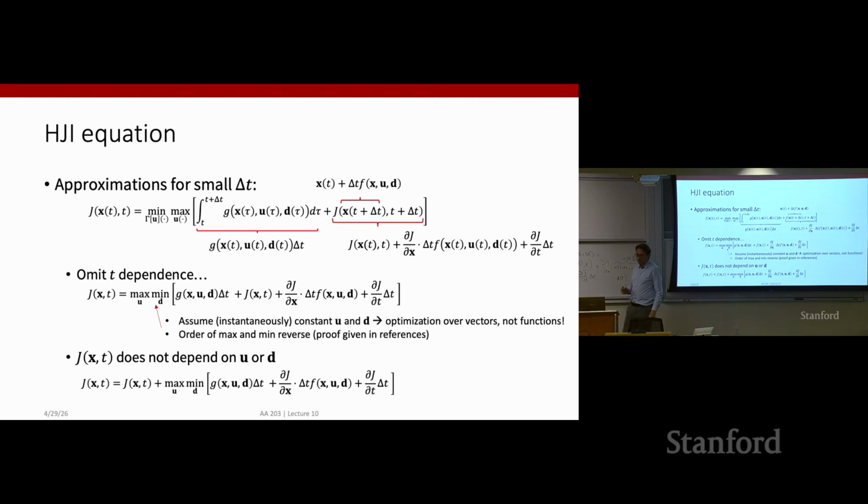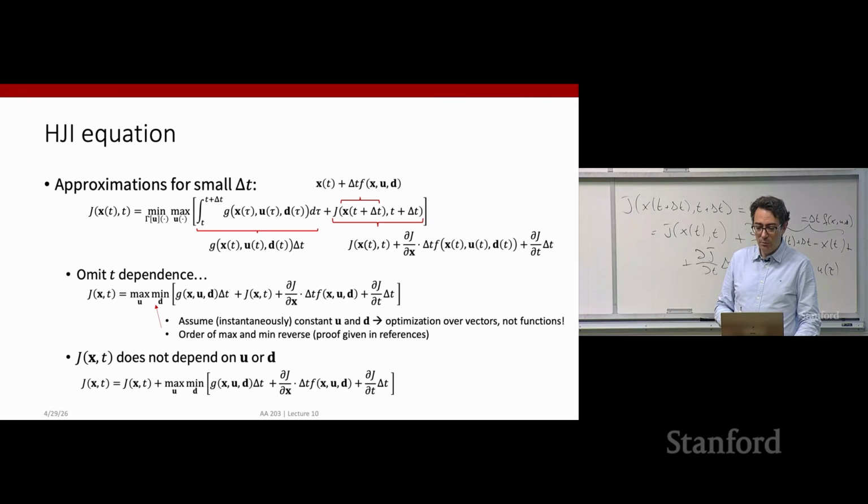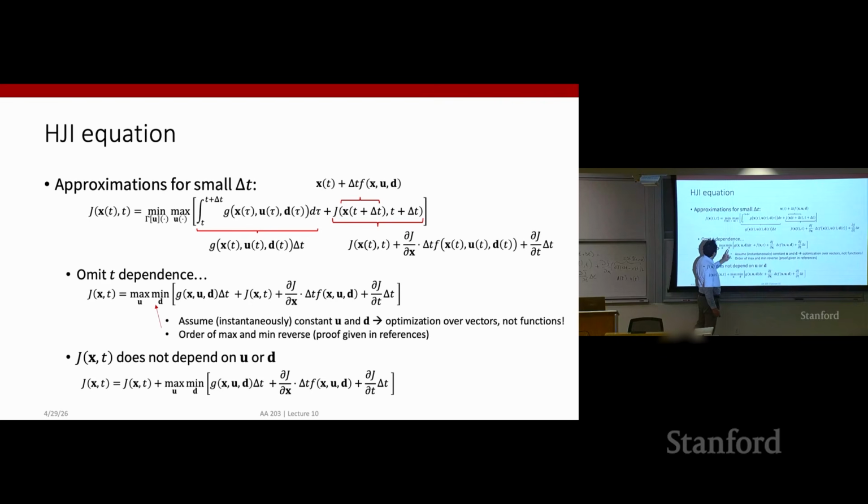So at this instantaneous scale, the disturbance is not choosing a whole trajectory anymore. It is choosing a reaction to the current control. So the nested structure changes from the outer player picking a function anticipating the optimal response to, at each instant, one player moves and the other reacts. So this becomes closer to chess, actually. That's why we swap the order between min and max to preserve the advantage with respect to the disturbance.